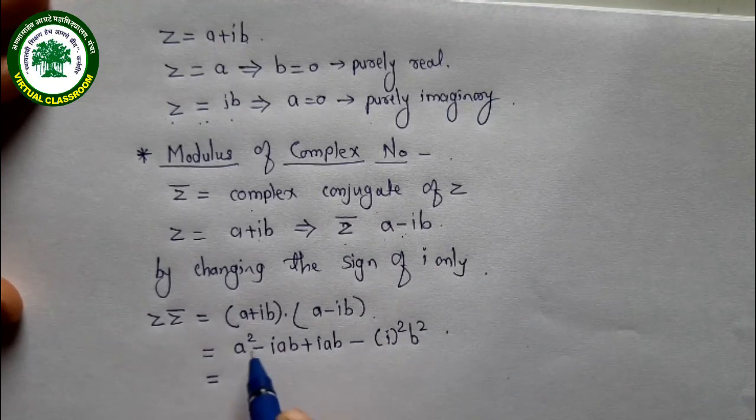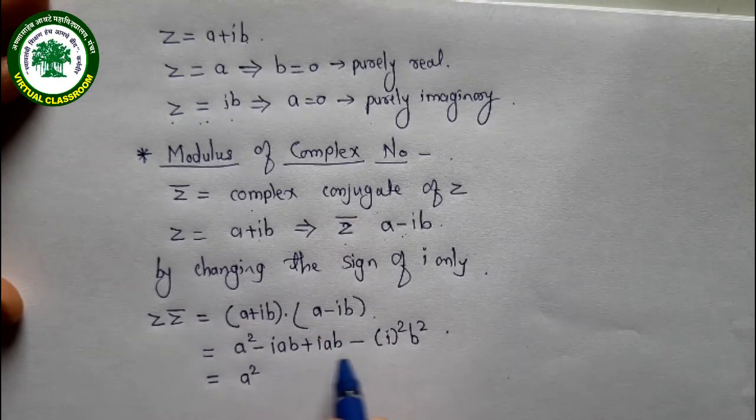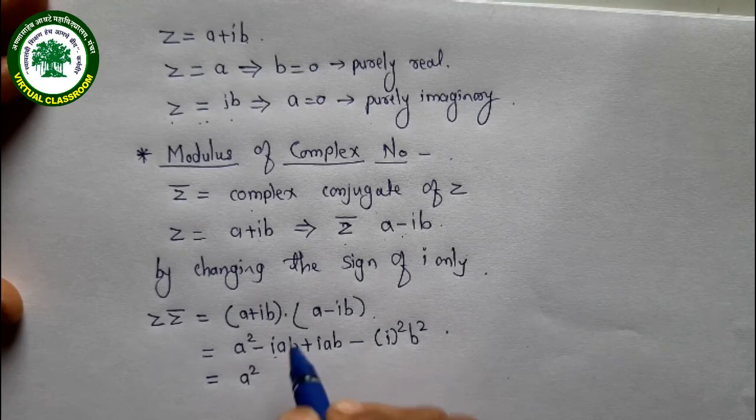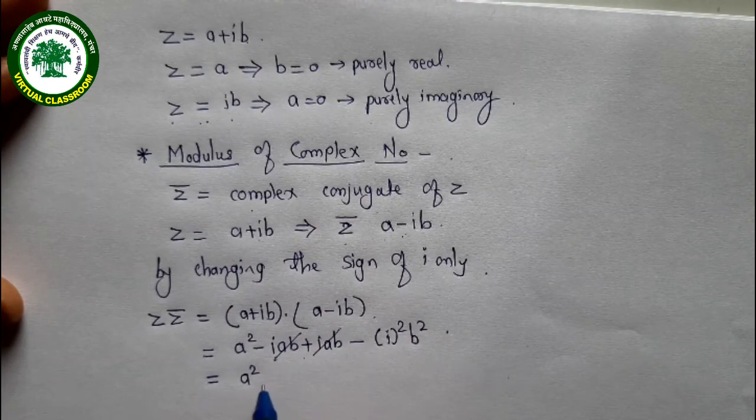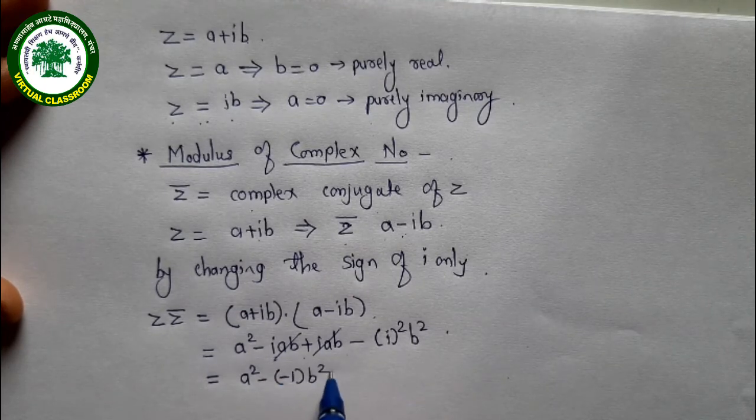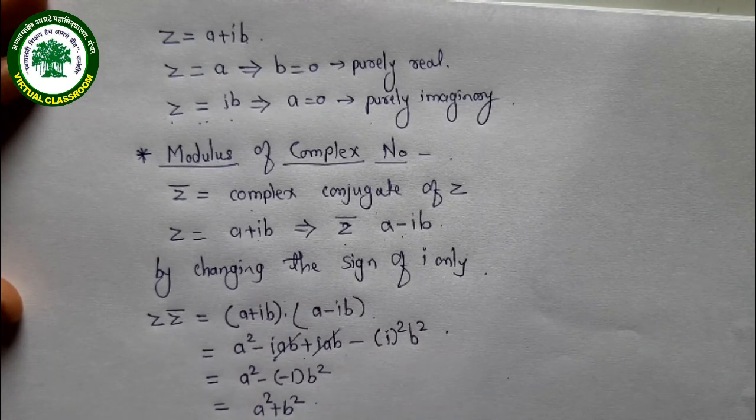So here we will have a squared. The terms with iab and minus iab will get cancelled, and finally with the negative sign, i squared is minus 1 multiplied by b squared. So finally we have a squared plus b squared.